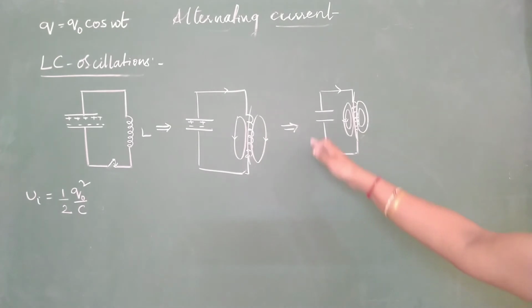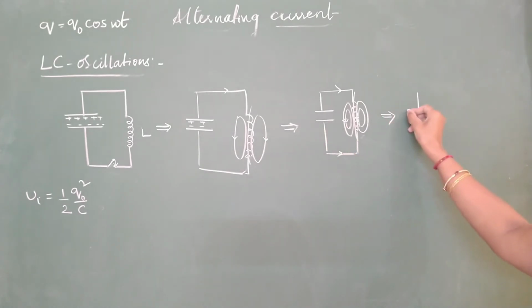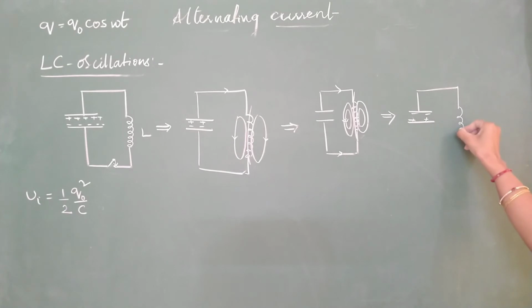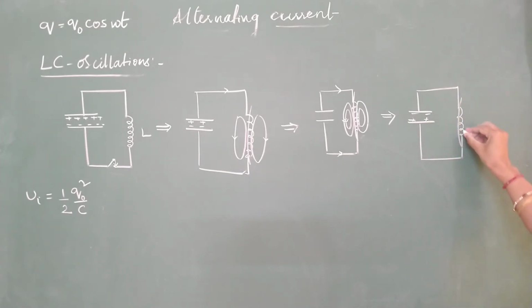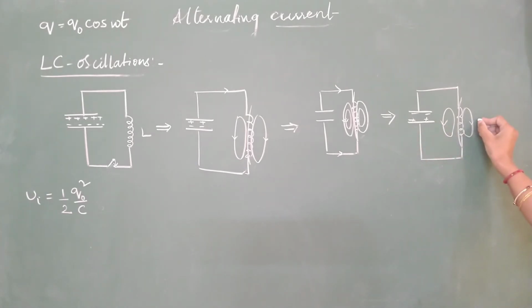Now inductor will start discharging and charging the capacitor. In the next step, flux across inductor has decreased and energy of the capacitor is again increasing. Then capacitor is fully charged. Is it visible?